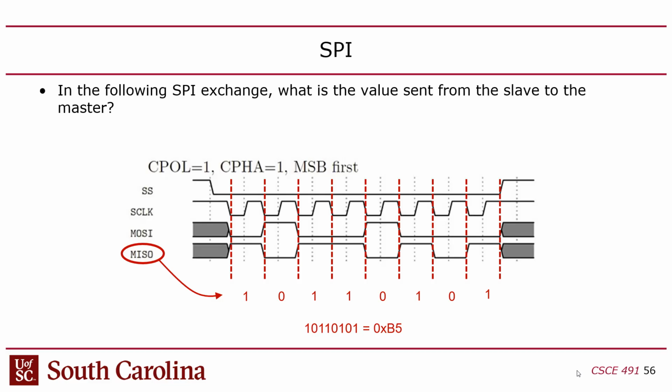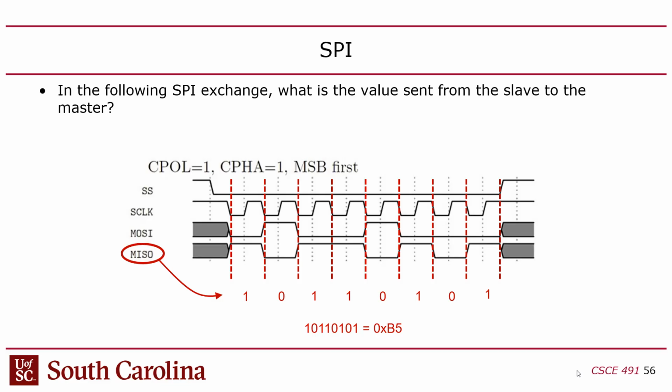The red dotted lines show where the data is changing, and the black dotted lines show where you're supposed to be reading the data. At that point, you just look between those red lines and say 1, 0, 0, 1, 0, 1, 1, 0, 1, 0, 1. So the data being sent is B5.